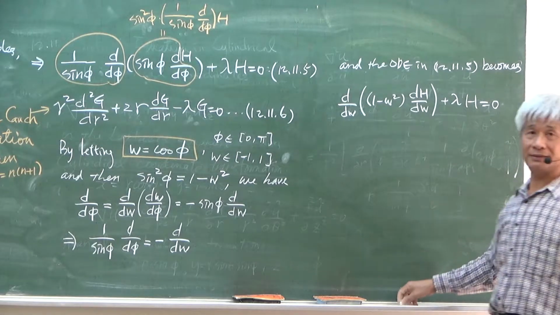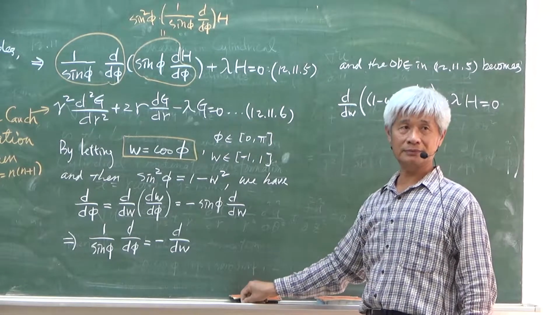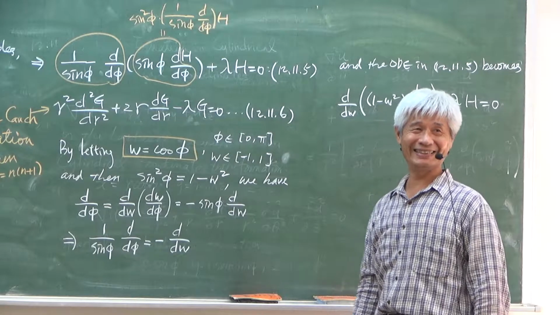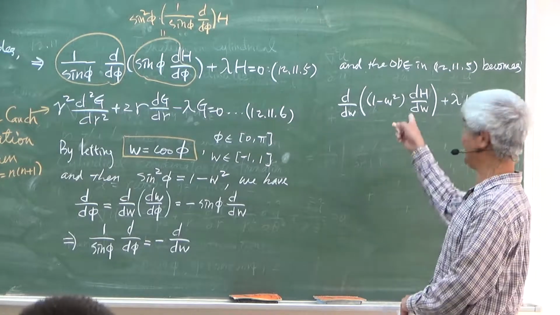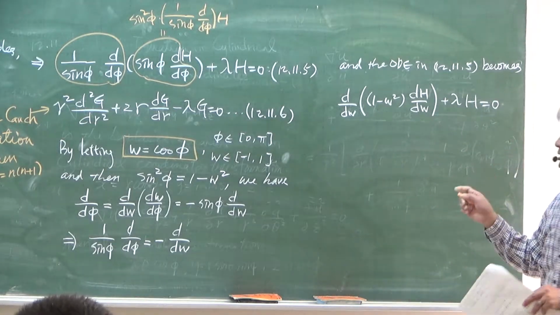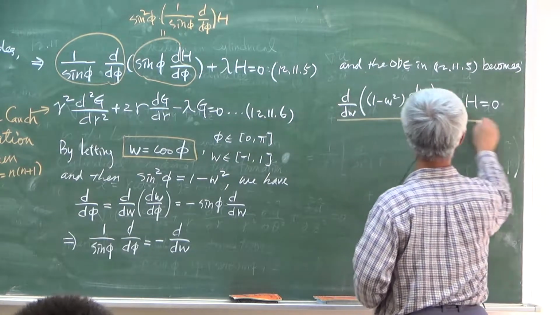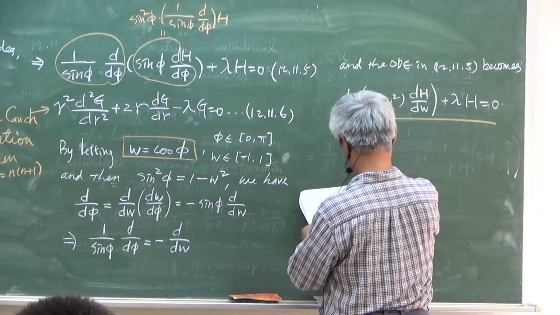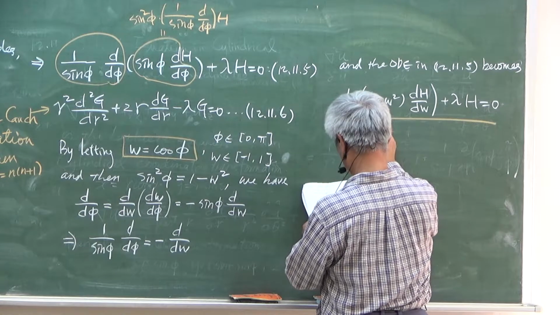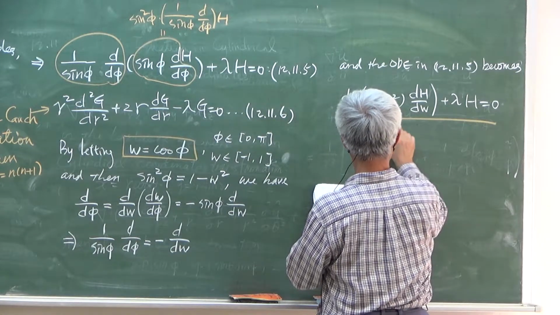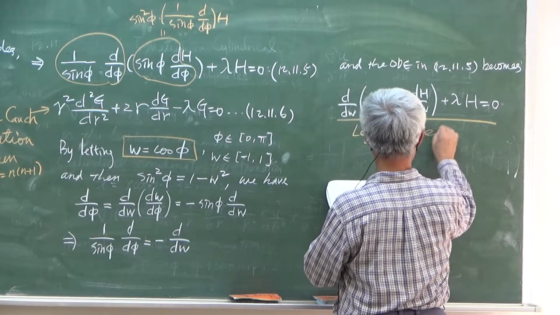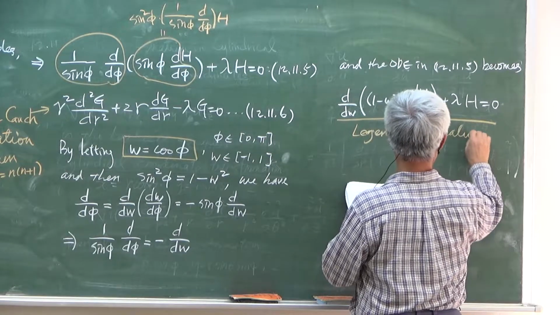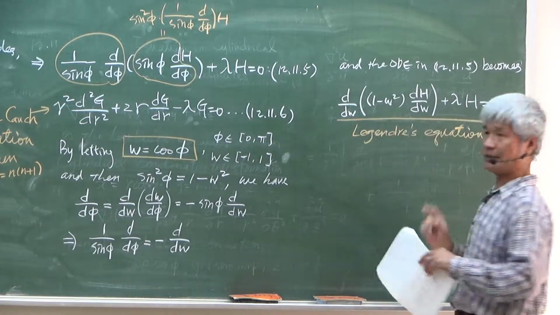And what is that? The Legendre equation. Remember that? This is the Legendre equation with eigenvalue lambda.